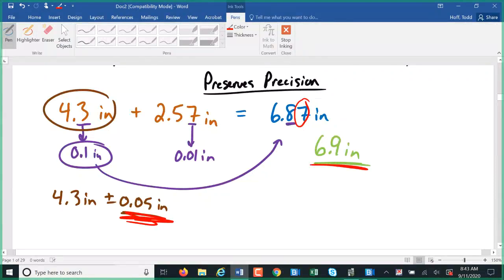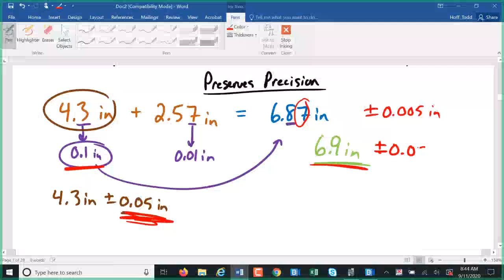We cannot say 6.87 is our result because that would imply that this has an error of plus or minus 5 thousandths. It does not. The bigger error is this one, that's plus or minus 5 hundredths.